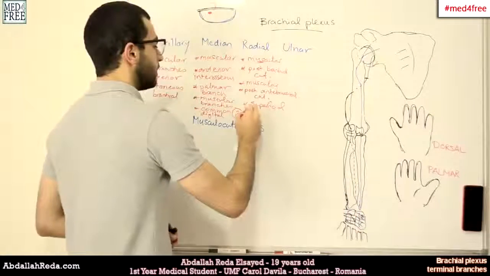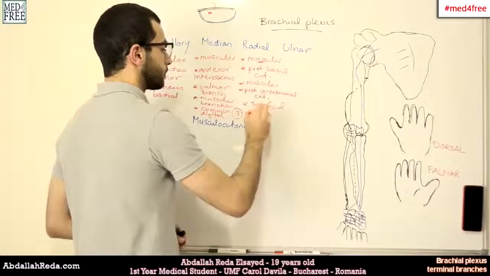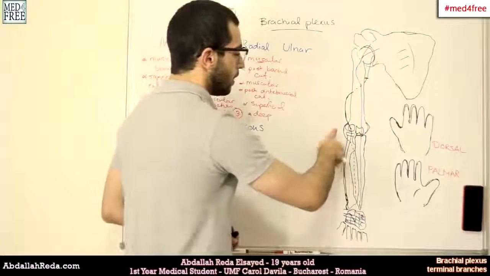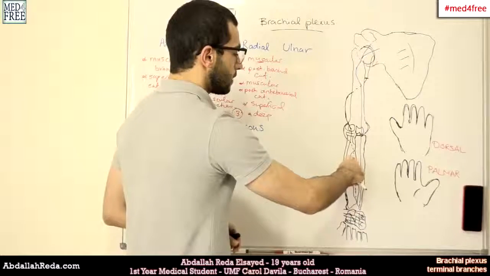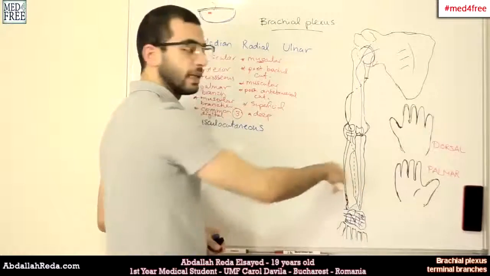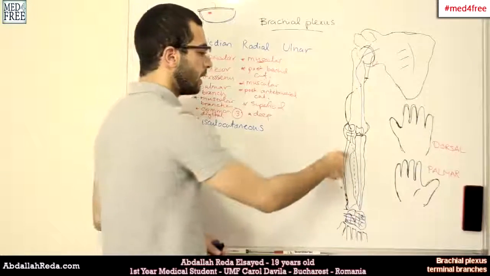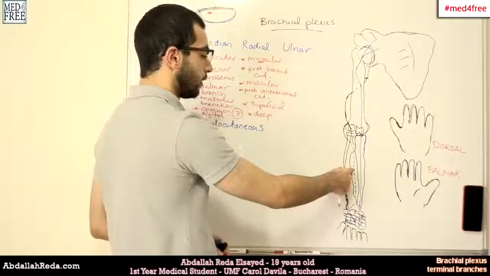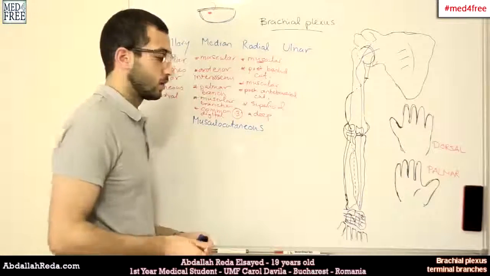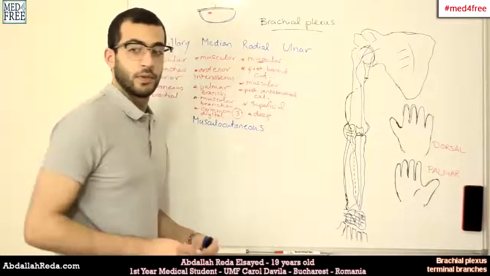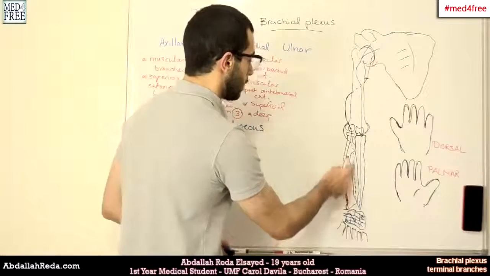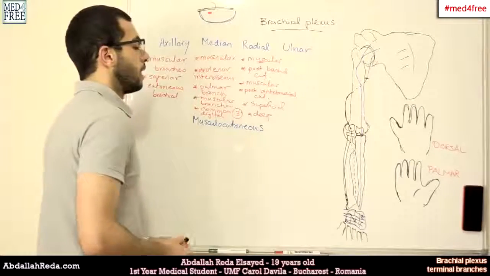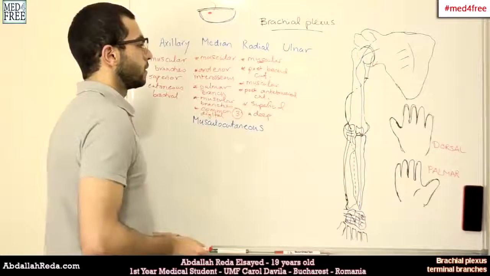And we have the deep branch, which is coursing posteriorly, and after innervating the extensors, it actually transforms into something called the dorsal interosseous nerve. The dorsal interosseous nerve. This is for the radial nerve.